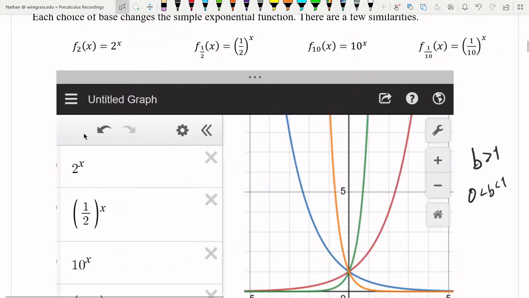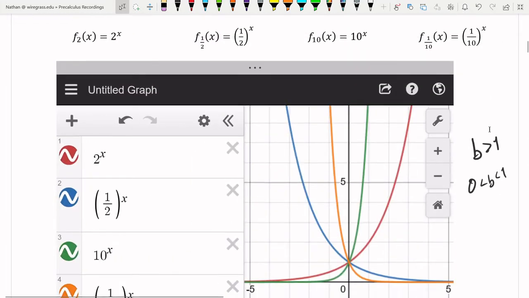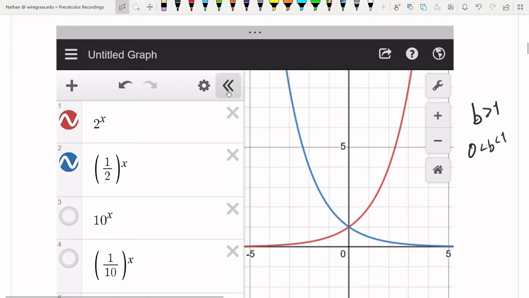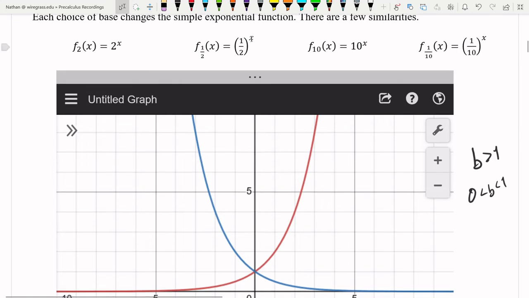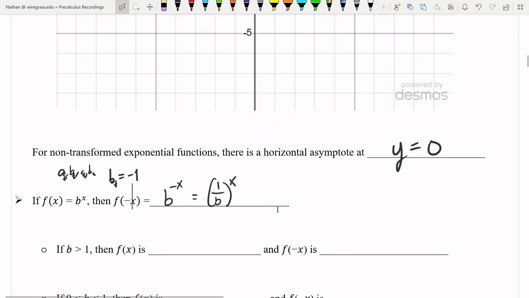So this is 2 to the power of x, and 1/2 to the power of x is a horizontal flip across the y-axis from the original function. And that's all it is. That's the reason why it looks this way. Because negative x, just actually using rules of exponents, changes it to 1/2 to the x. That's the key thing to keep in mind there.